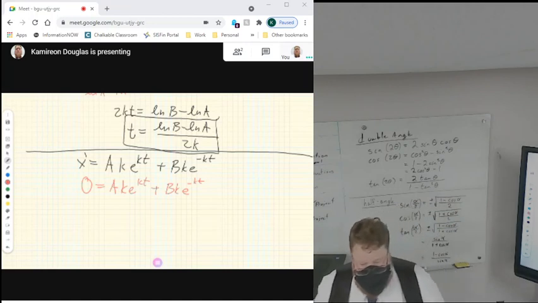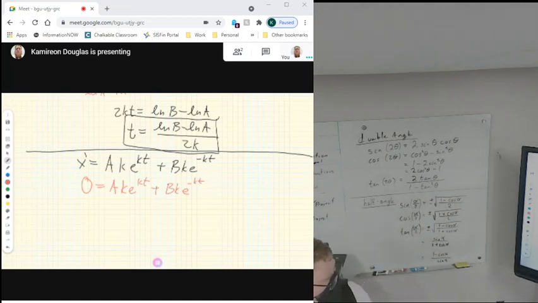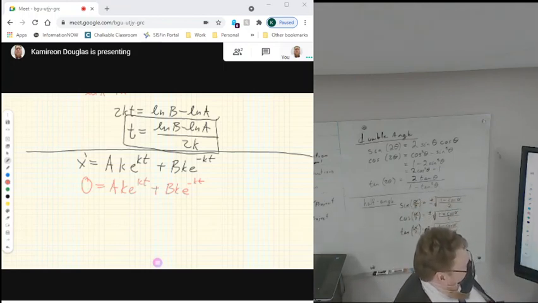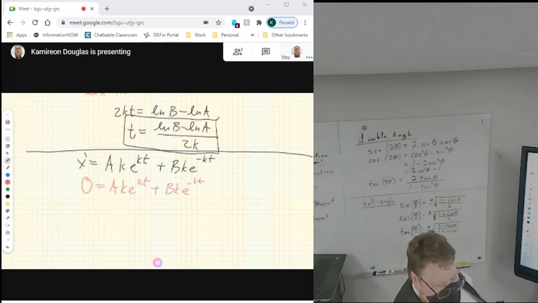What do we do now? I could basically follow the same basis as we did the previous one. Move the b and the kt over, and then do the natural log of both sides and see what happens.